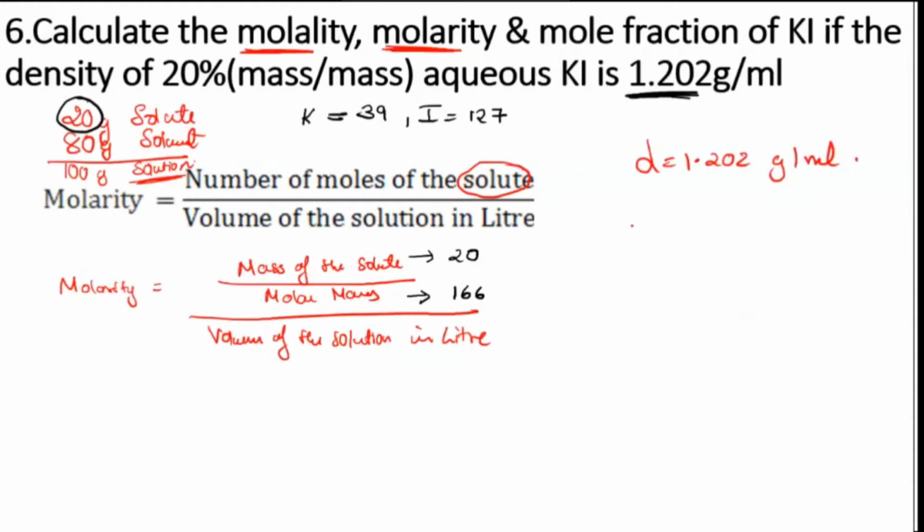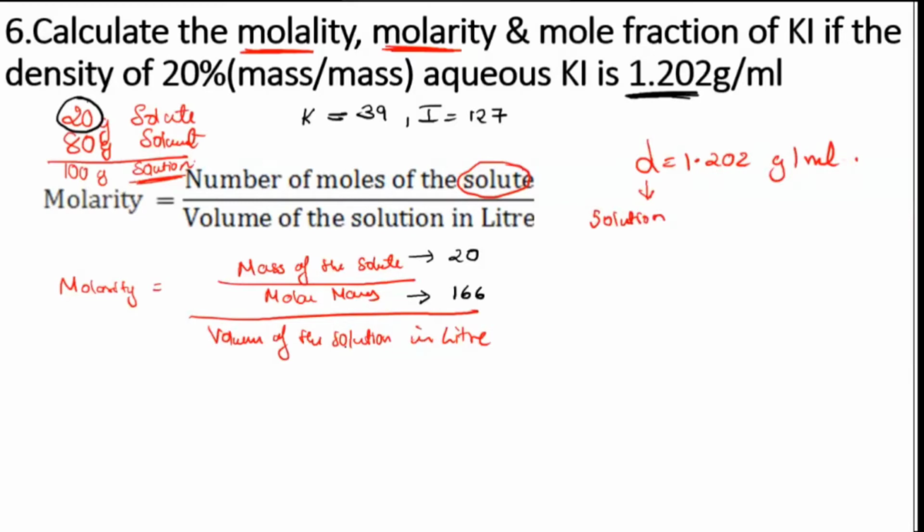And mass of the solution is how much? I'm talking in terms of solution because volume of solution is required. Density of the solution given to you is 1.202 gram per ml, and you need to calculate the volume.